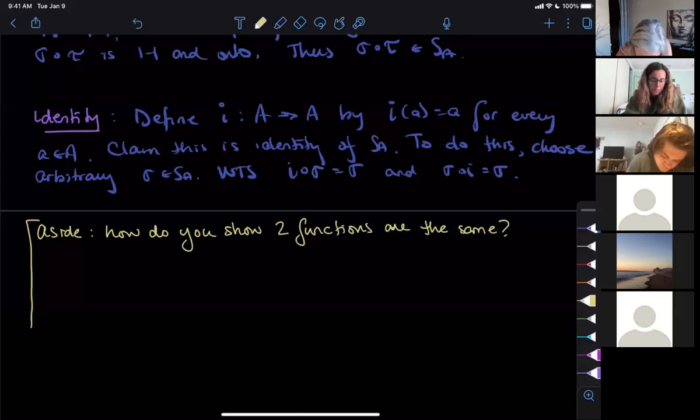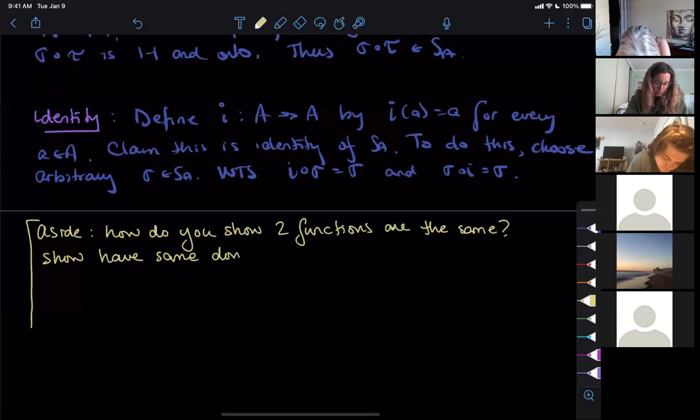So first show that they have the same domain, and for all x in the domain, f1 of x is the same thing as f2 of x.